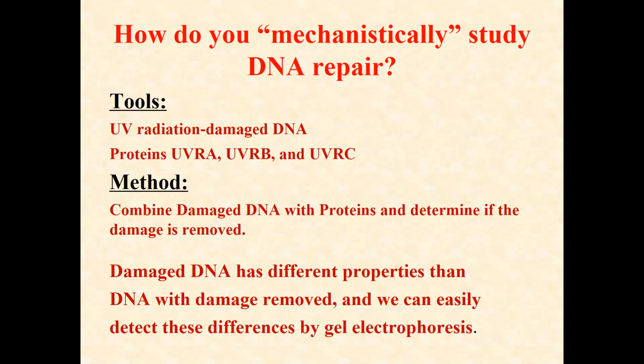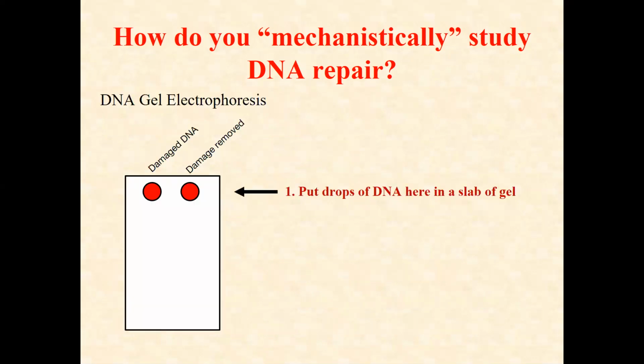DNA before and after the damage is removed has different properties, which we can easily detect in the lab. So let's see one of the differences we can detect. We can use DNA gel electrophoresis to tell if the DNA damage has been removed.